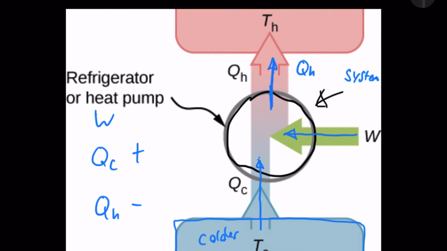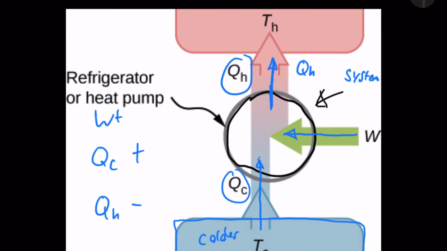Work is positive. We're adding work into the system. Then we're taking heat from this cooler, which is QC, and adding it into this motor, this system. Then we're taking some other amount of heat and making it leave the system, which is QH.